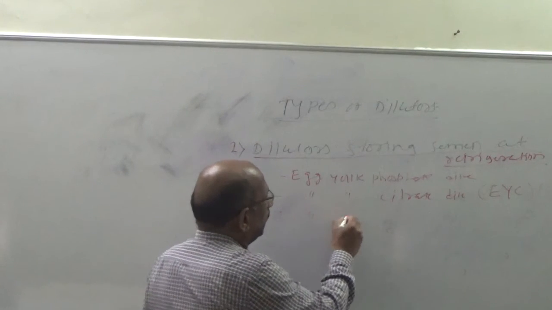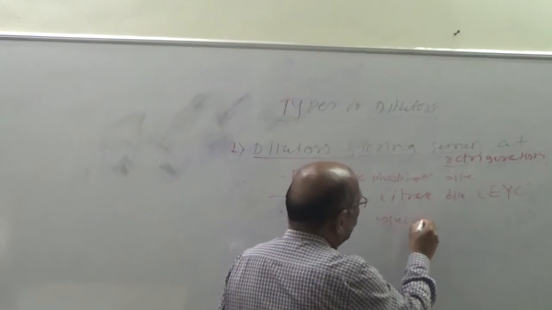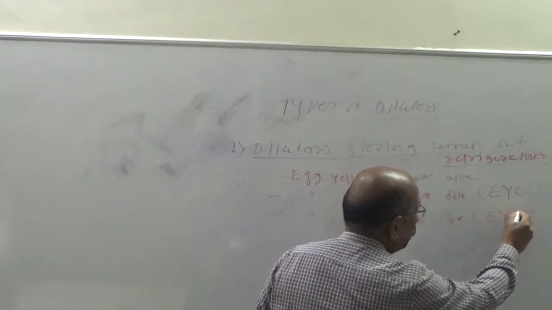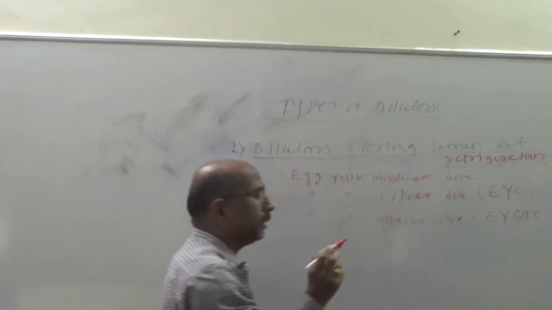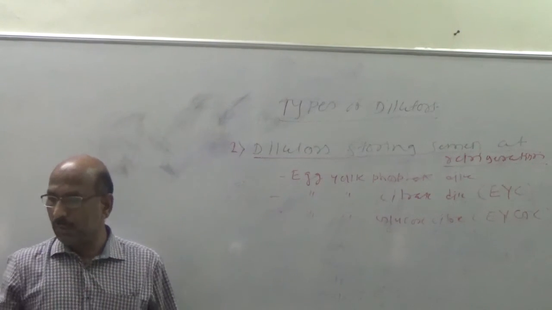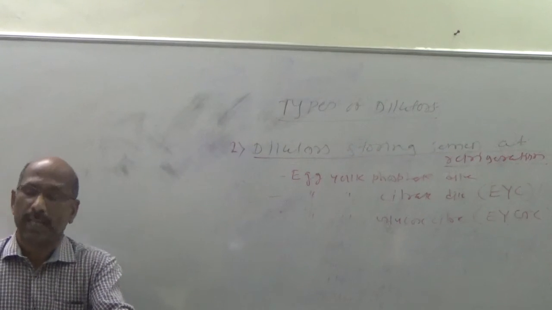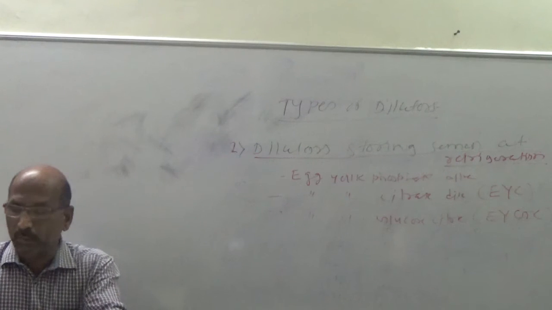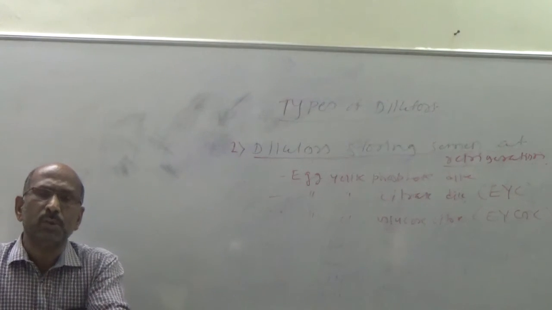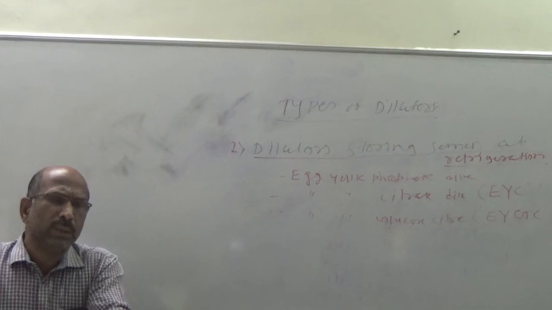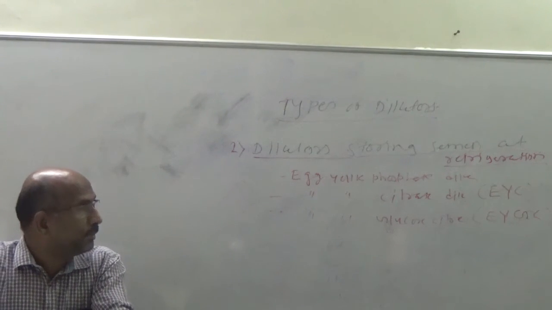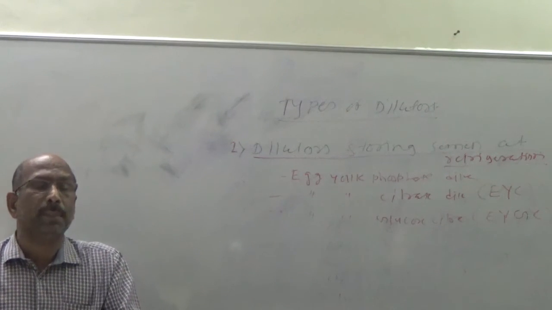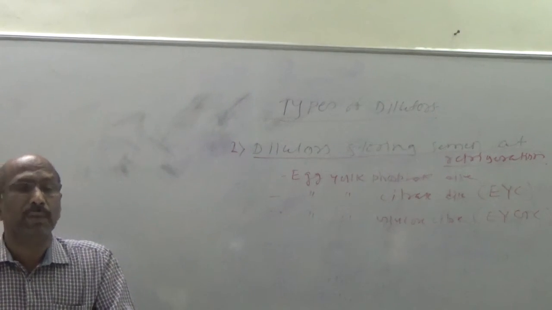Next is the egg yolk glucose citrate diluter. There are also glycine diluents for bull semen and milk diluters for buffalo semen. So there are different types of diluters used for the preservation or storing of semen at refrigeration temperature, that is, for liquid semen.